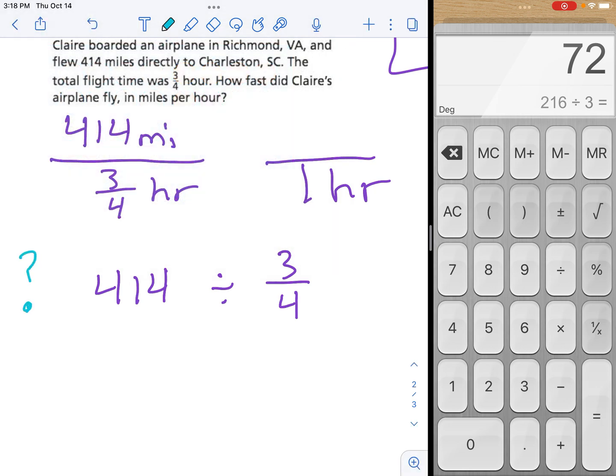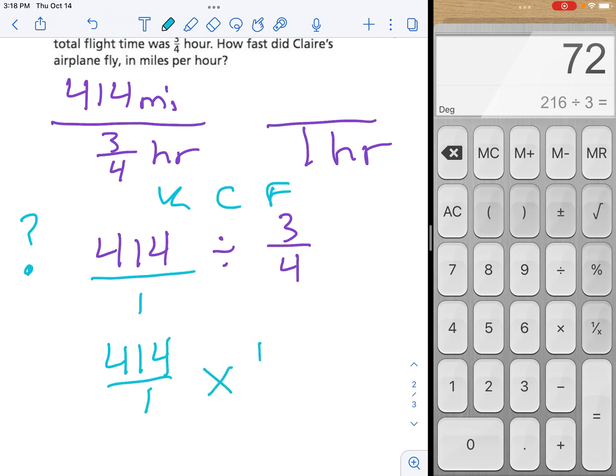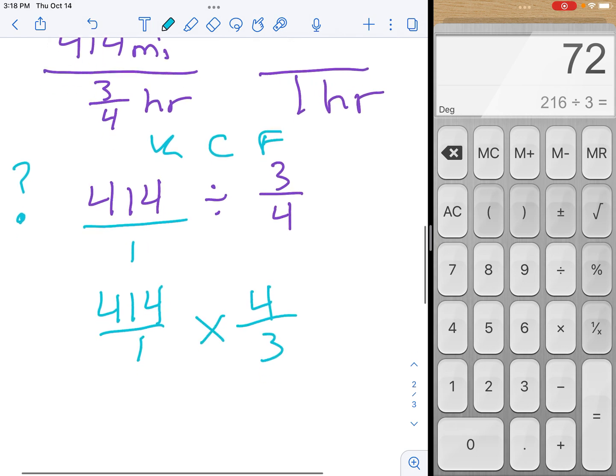414 as a fraction is what? Over 1. We're going to do our keep, change, flip, or inverse the second, multiply the rest. So 414 times 4 over 3.